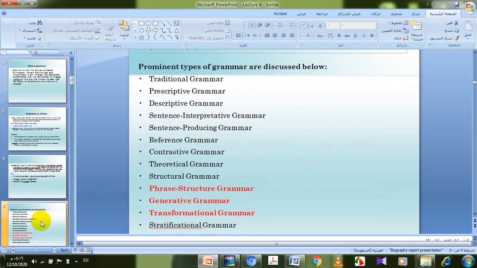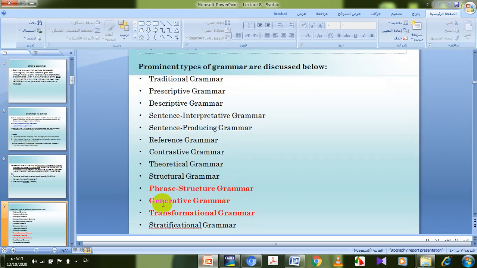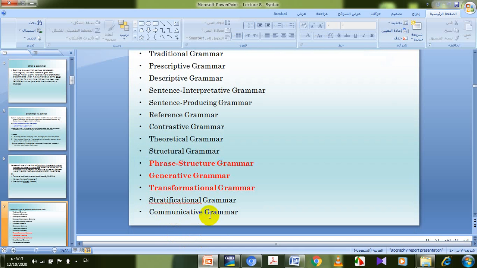Good, so we are done with grammar and syntax. Here we have prominent types of grammar discussed below. We have traditional grammar, prescriptive grammar, descriptive grammar, sentence interpretive grammar, sentence producing grammar, reference grammar, contrastive grammar, theoretical grammar, structural grammar, phrase structure grammar, generative grammar, transformational grammar, stratification grammar, and communicative grammar.